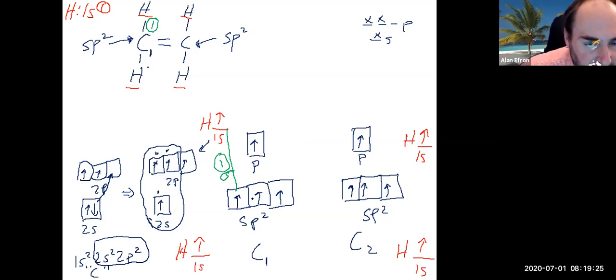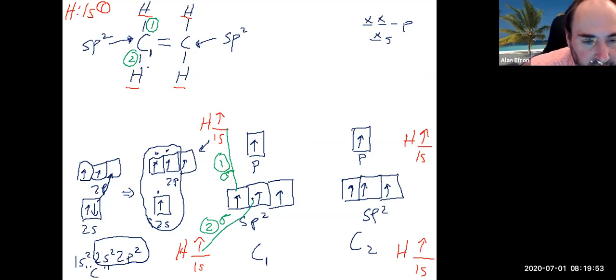We also have an exact same type of bond happening here between the carbon and the hydrogen. So let's say, for example, this sp2 orbital will come and bond with this guy. That would also make a sigma bond and accounts for that second bond that we see there, with an sp2 in carbon number 1 and a 1s orbital in the hydrogen.